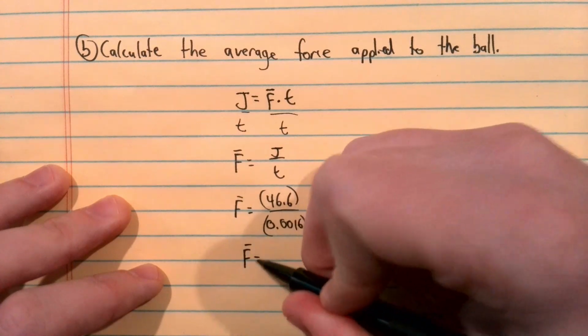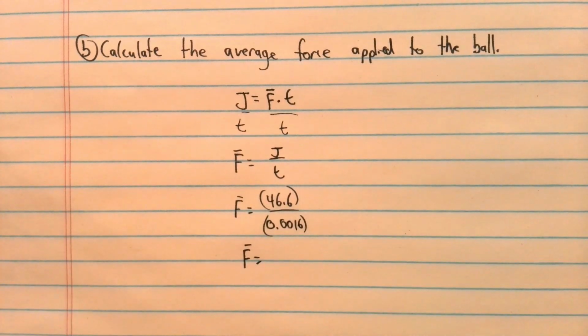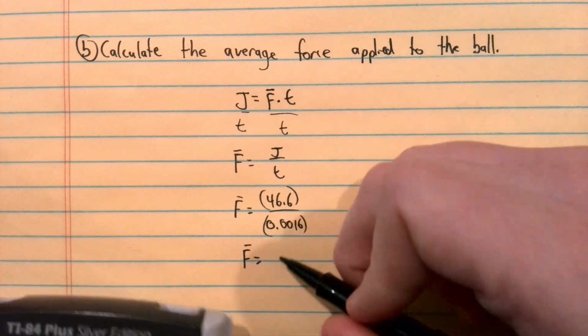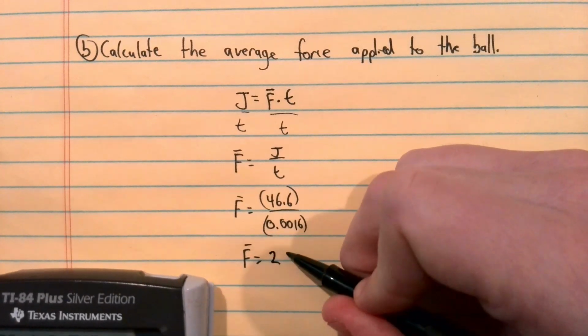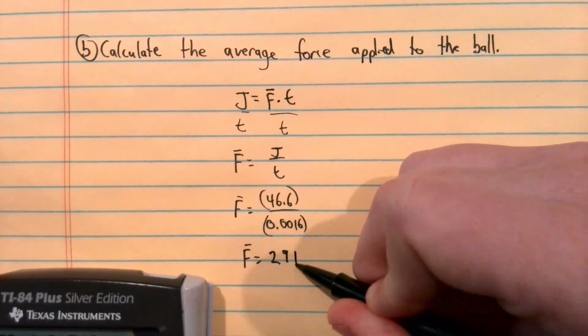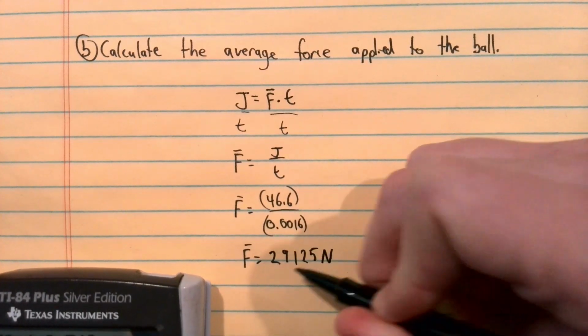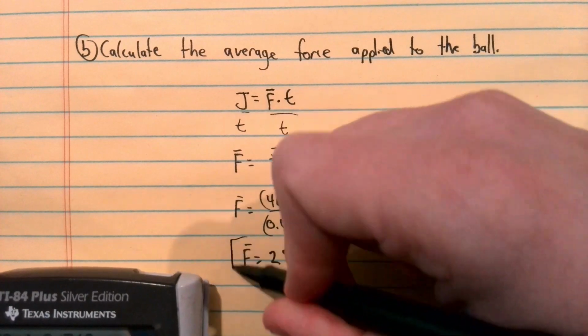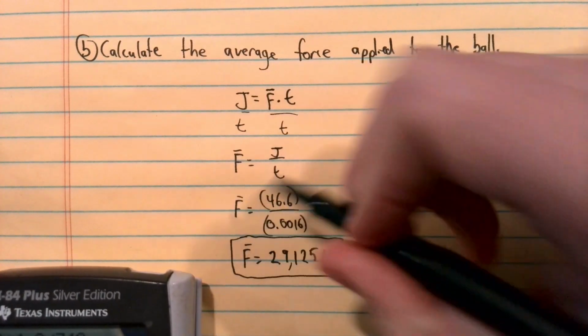Notice how small the time is. That very small amount of time will create a very large force. 29125 newtons, a tremendous amount of force. But it only happens for a split second.